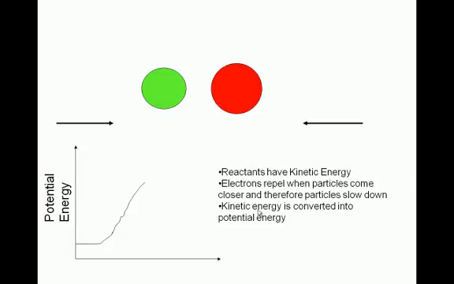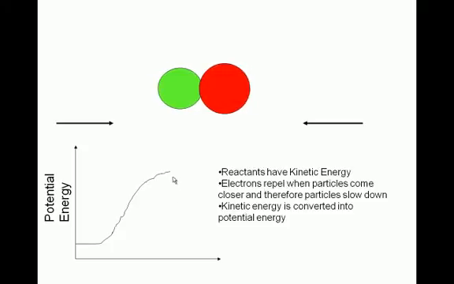So it's slowing down. So in other words, kinetic energy is changed into potential energy, and they slow down even more. So they start to go really slow, and that's when all of that kinetic energy has changed into potential energy.